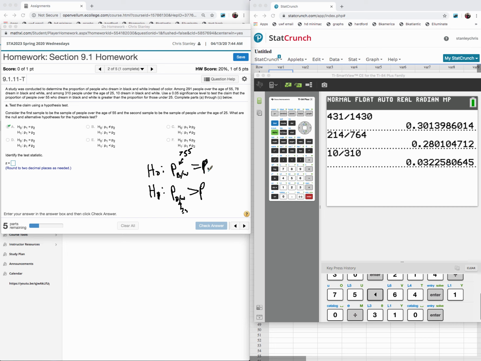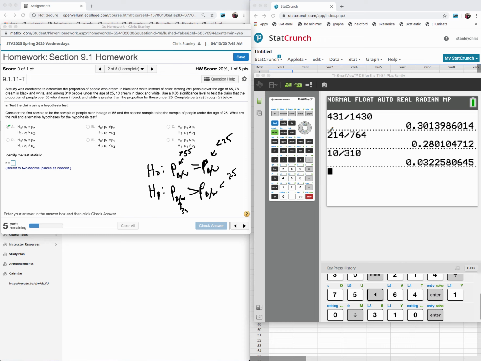These people are younger, so this is the under 25, and this is black and white under 25. I just want to make sure that you understand the problem. Everybody here is over 55, and everybody over here is under 25. They think that the proportion of people over 55 who dream in black and white is greater than the proportion of those under 25 who dream in black and white.